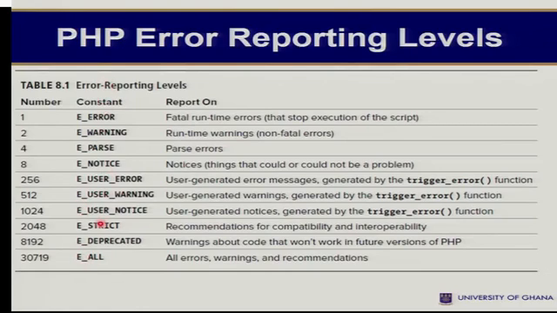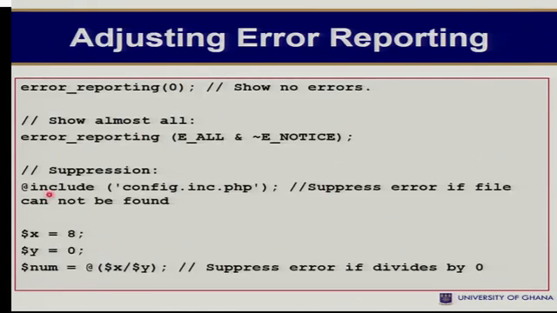Depending on what we specify is what we will see. If you want to see only warnings, if you want to see errors, if you want to see all errors, you can specify all these things for your error_reporting directive to give you the errors that you are seeing in your application. So let's see how that is used.